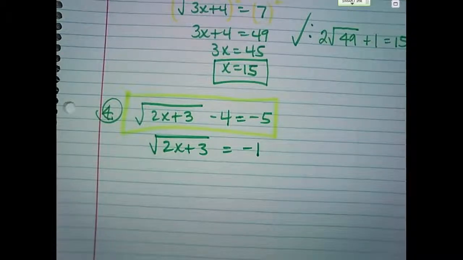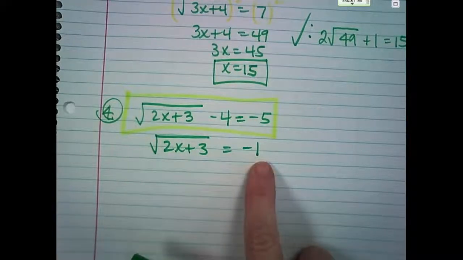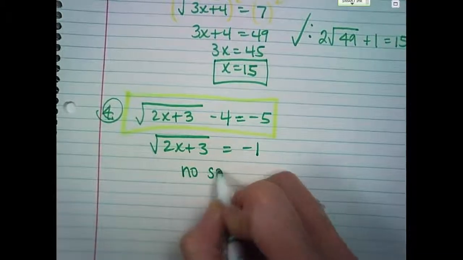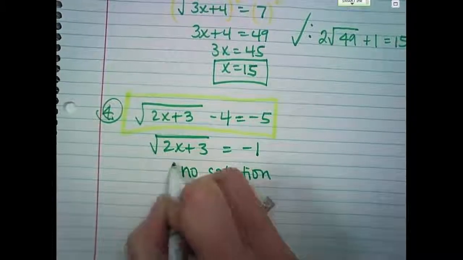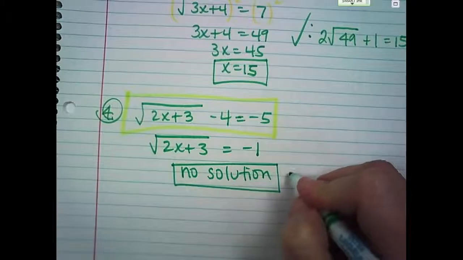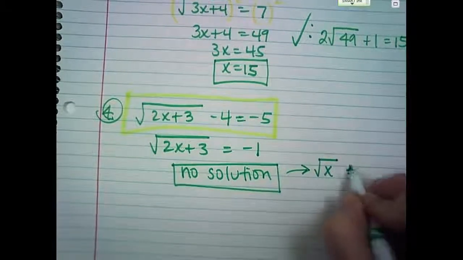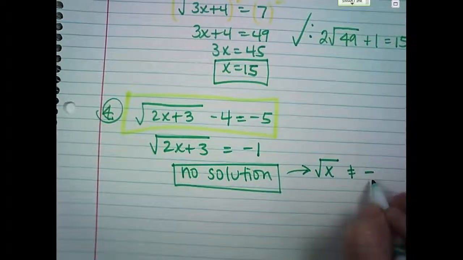Yeah. Can a radical be negative? No. So the answer right now is no solution. Okay, and you can write yourself a note: the square root of a number cannot equal a negative number.